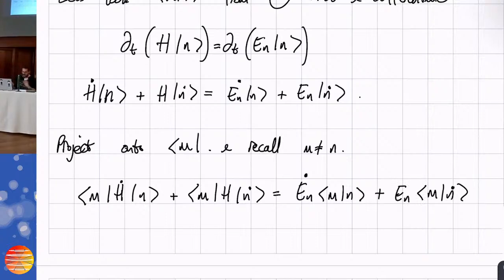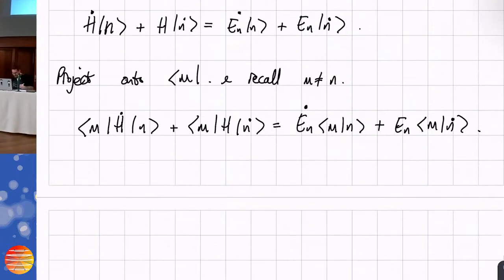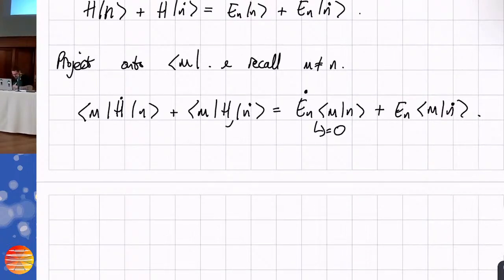So again, I've done nothing beyond our basic quantum mechanics. I have another Kronecker delta here. By construction, this has to be equal to 0 because m is not equal to n, so that term definitely disappears. And then here, I have <m| applied to H, which just gives me an E_m.